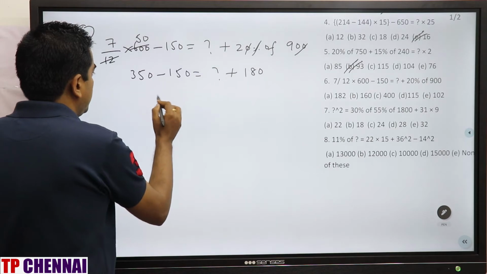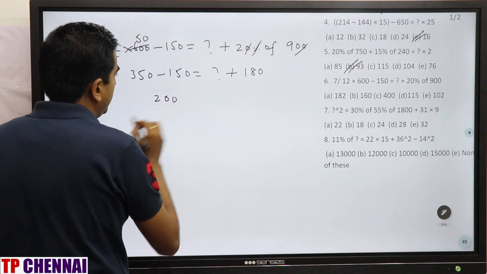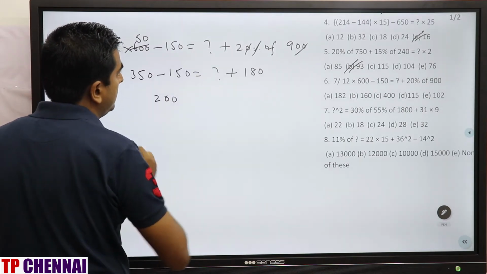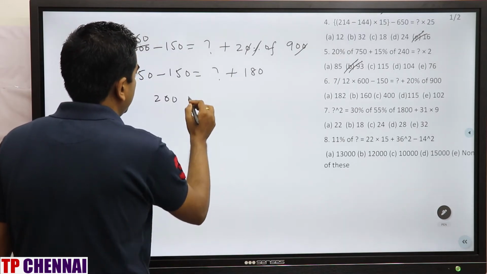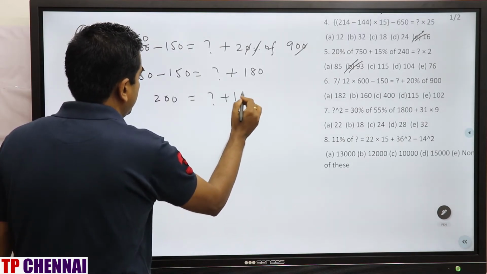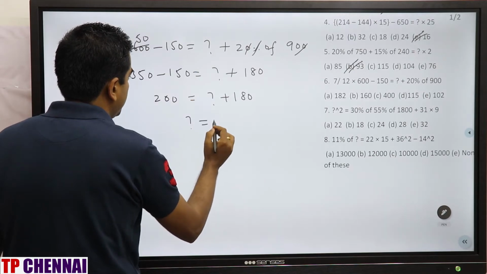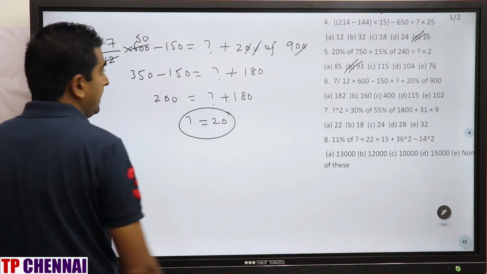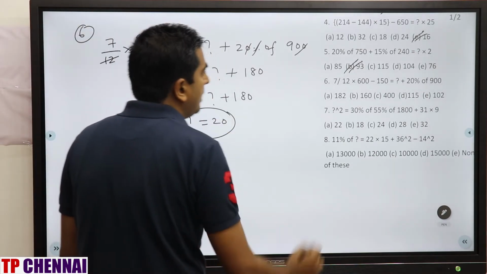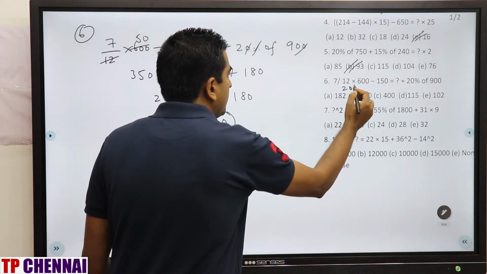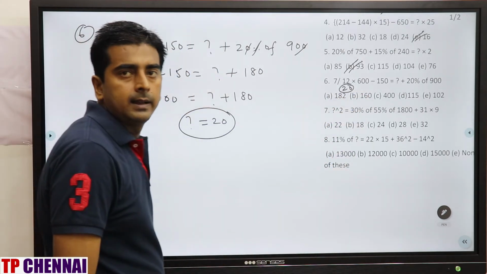Right? This is 200. Question mark plus 180. Question mark is equal to 20. The answer is nothing but 20. 20 is the correct answer. Clear?